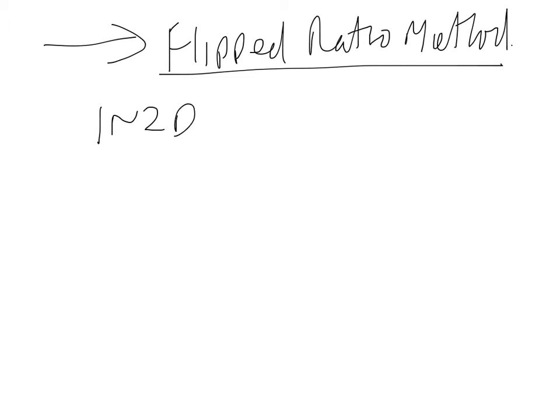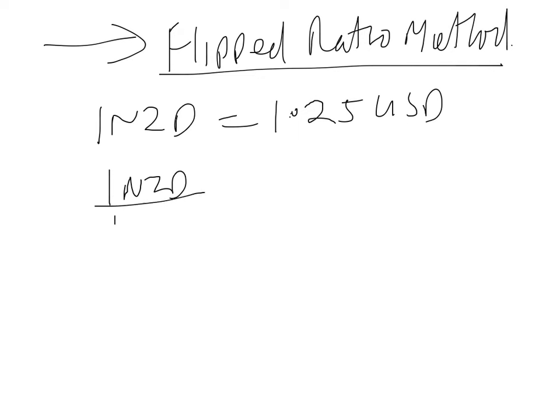So what we've got here is 1 New Zealand dollar equals 1.25 US dollars. What we can do is express that as a ratio, can't we? We could write it this way: 1 New Zealand dollar over 1.25 US dollars.